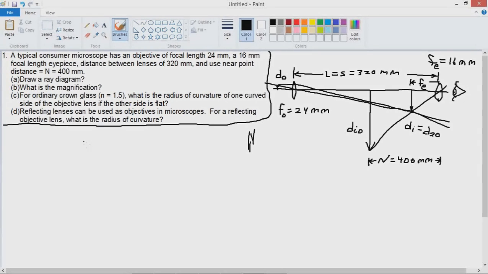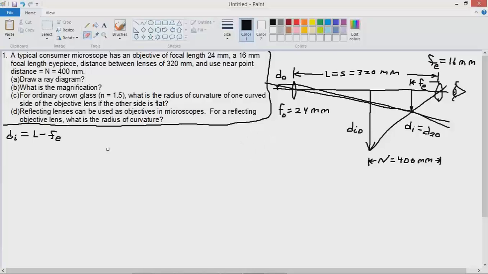So now we can start getting our magnifications. We see that the image from the objective lens is going to form at L minus F sub E, L minus the focal length of the eyepiece. I just drew those a while back.